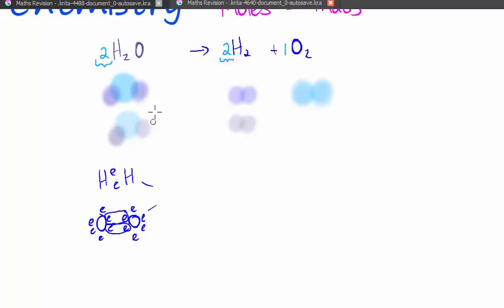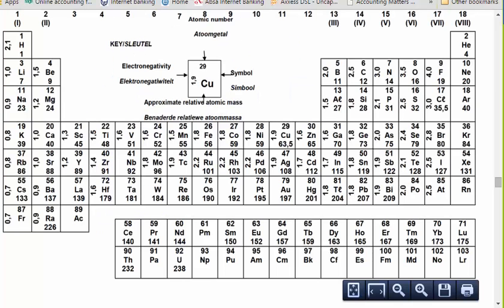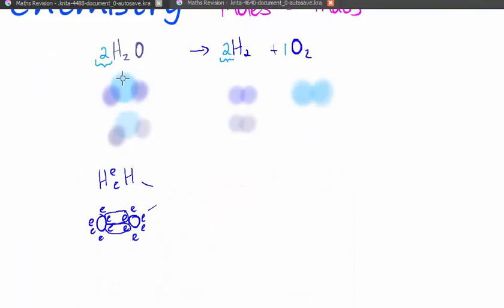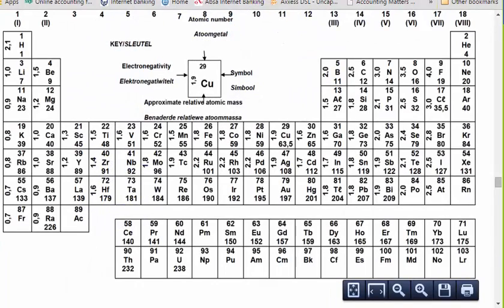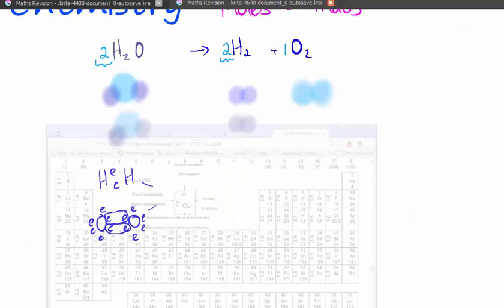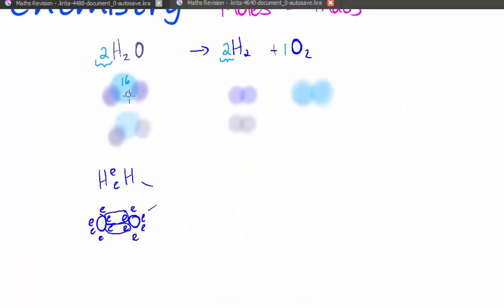Okay. Another thing you should notice is how many protons in total do we have on this side? Oxygen has how many? Let's go back. 8 protons. And how many neutrons does it have? Also 8. So in other words, the protons and neutrons make 16, and then 1, 1. So we have a 16, a 1, 1, a 16, a 1, 1.